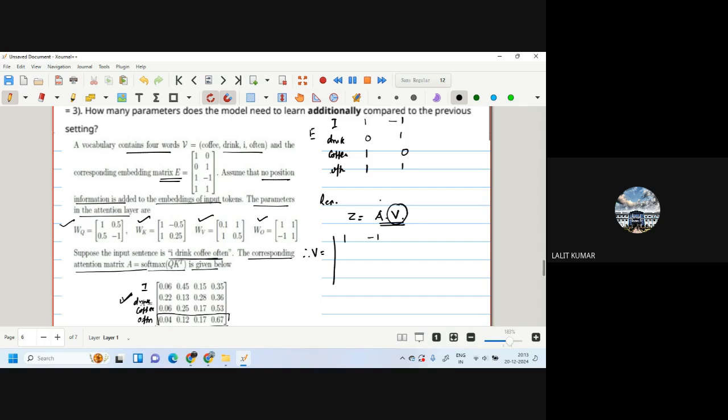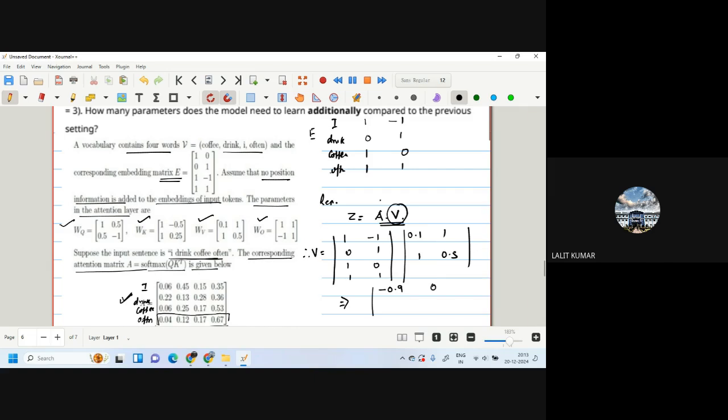1 minus 1, 0 1, 1 0, 1 1 into WV. WV is 0.1, 1, 1, 0.5. So this will get 0.1, minus 1, minus 0.9.